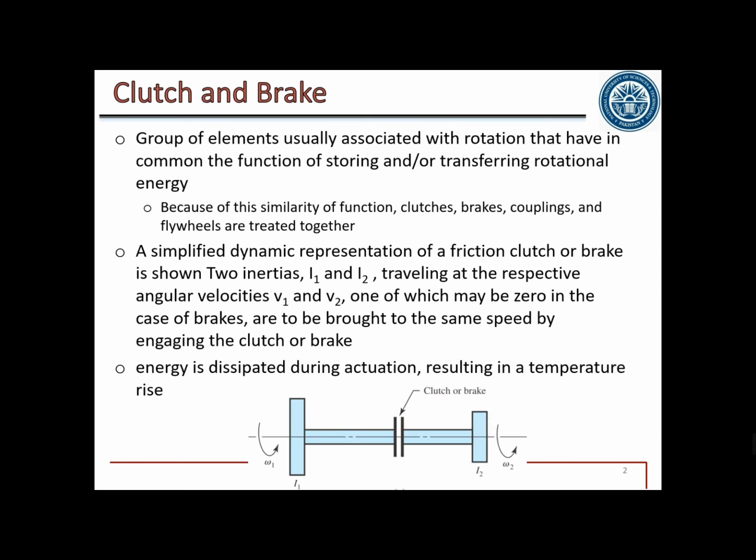Whenever we apply a brake, the energy of the system drops. For example, if a car is moving at a velocity, it has a mass, so it has an energy of half m v squared, or half m v1 squared, the velocity before applying the brake. Let's say we apply a brake. Due to application of the brake, the velocity of the car decreases.